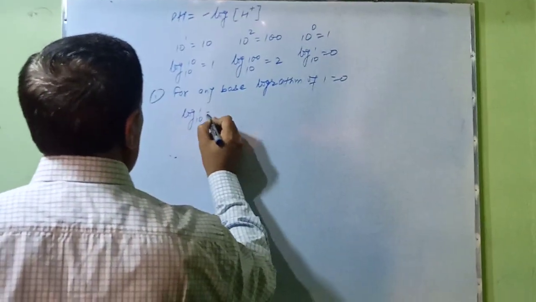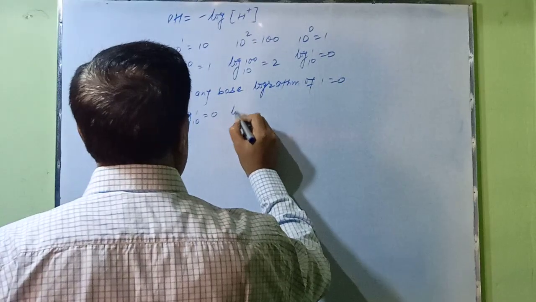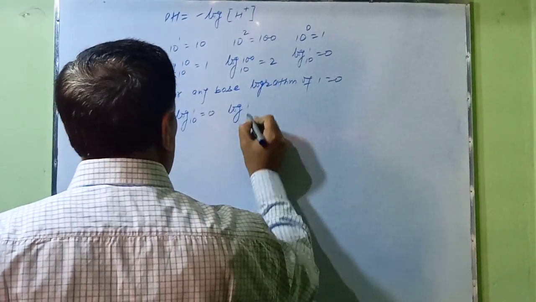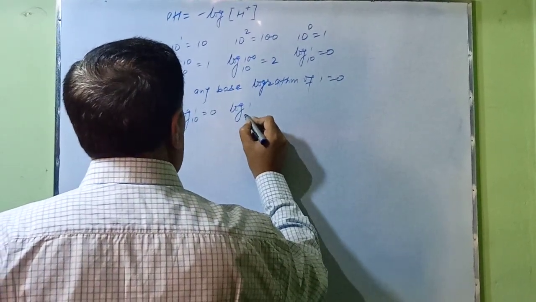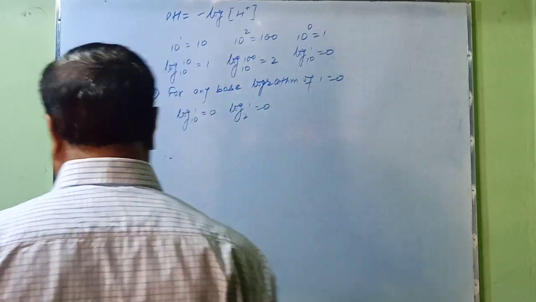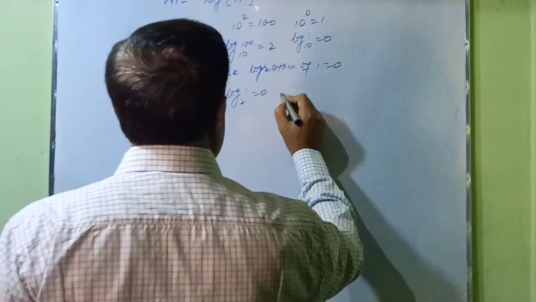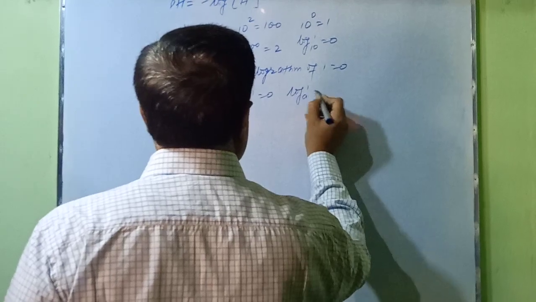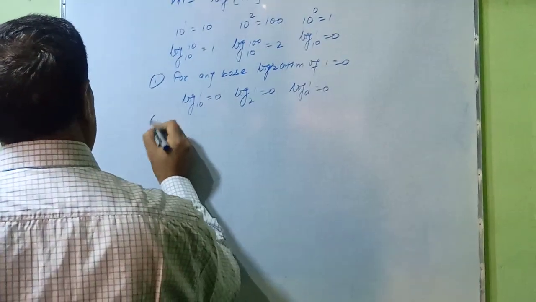Log 1 base 10 is equal to 0. Log 1 base 2 is equal to 0. Log 1 base a is equal to 0.